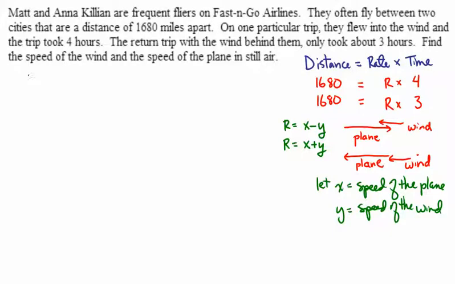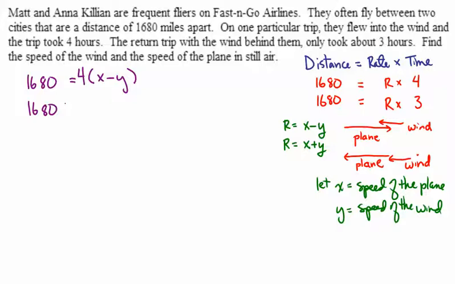We have 1680 is equal to, going, I should say, we're going to have 4 times x minus y, and it's going to take longer because the wind is against the speed of the plane.